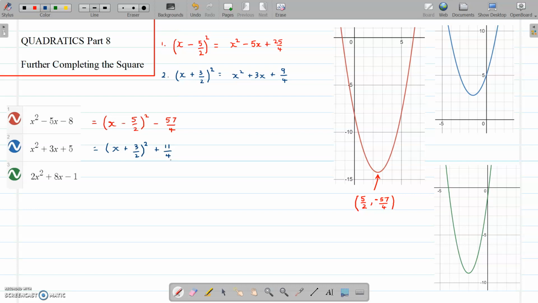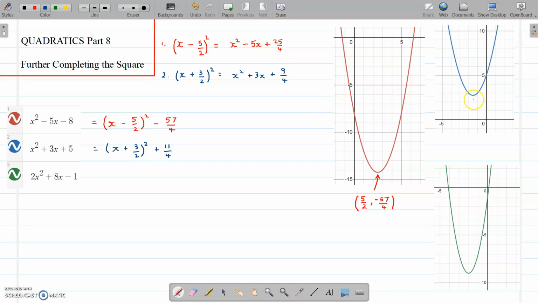All right, so once again we can go over to our graph and we can see exactly what's going on here, because to make this first bracket 0, x would have to be negative 1.5 or negative 3/2.